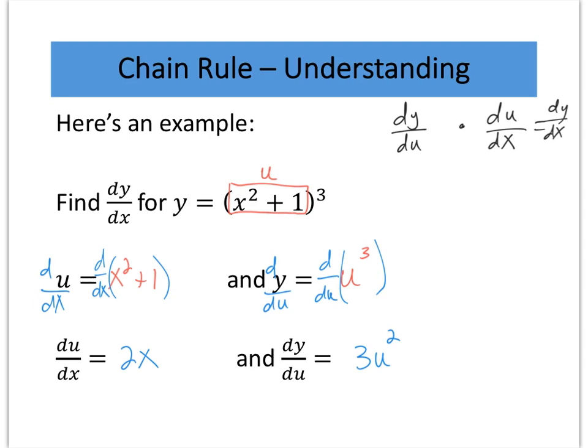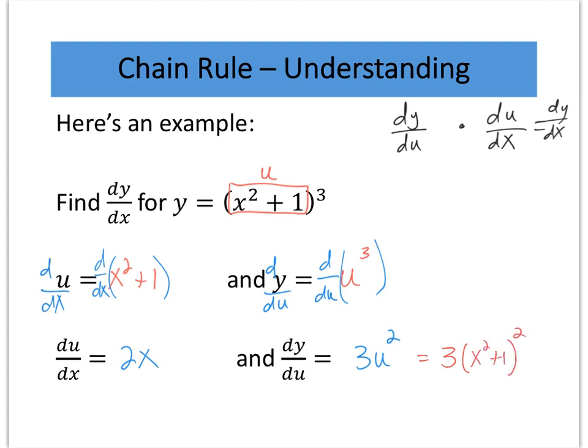Well, I know what u is. This was u, this y equals x squared plus 1. This was u. So dy du is really the same as, here I'll do it in red, 3 times u squared. What was u? u was x squared plus 1.